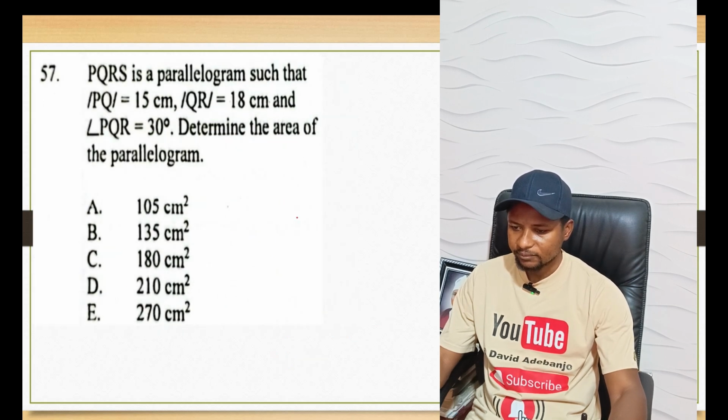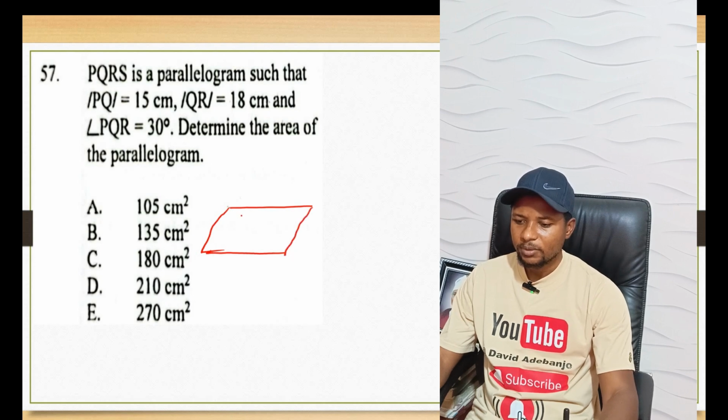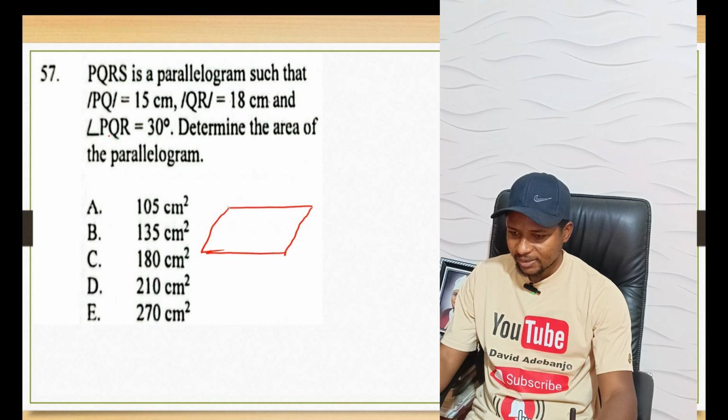Moving on to 57. A parallelogram PQRS is a parallelogram. This side is 15, this is 18. So start with this.